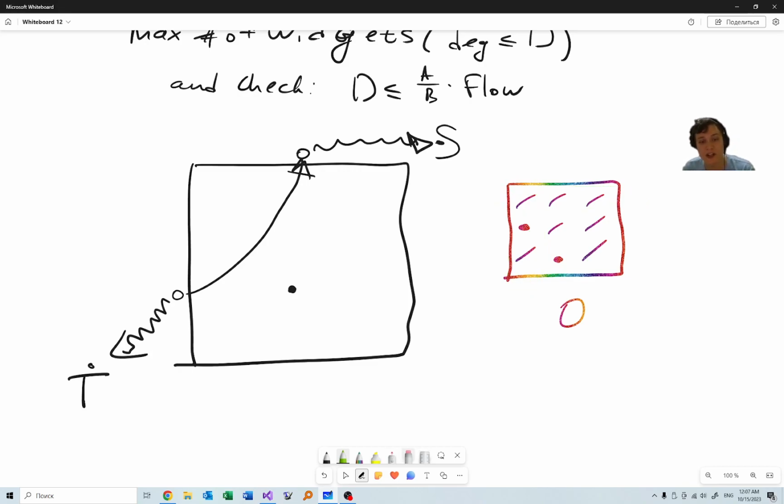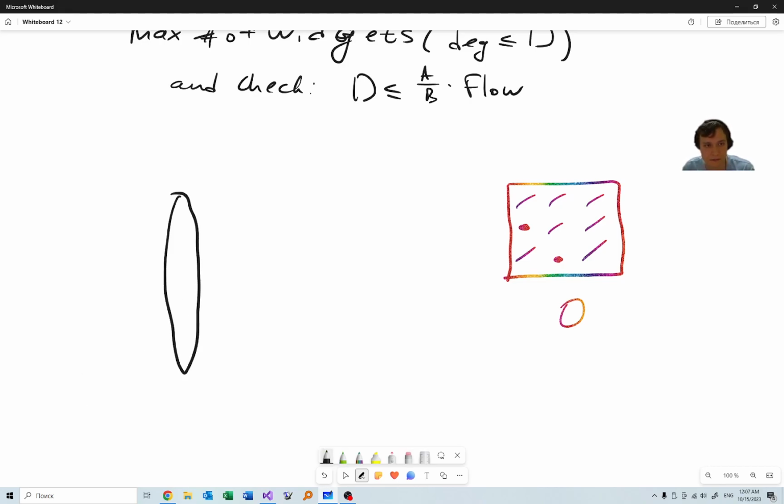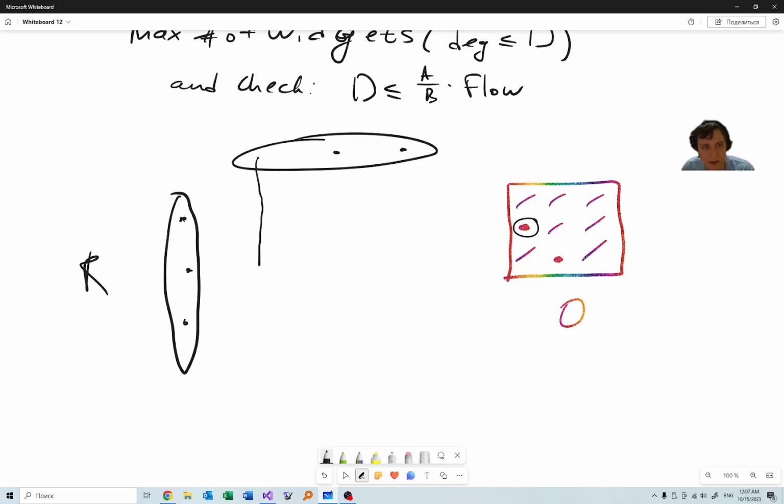But let's look at the graph which we are resulting in. So we have 3 rows, 1, 2, 3, and 3 columns, 1, 2, 3. We connect the second row with the first column, which corresponds to this pair. And we say that we add this edge and this edge.